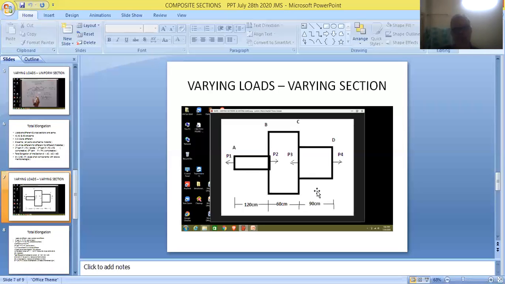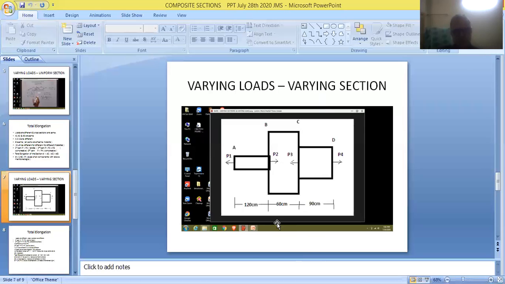Whatever may be the case, friends, these elements, components, parts are made up of different areas. It's called a varying section, and the loads acting on these sections are different. Therefore, it is also referred to as varying loads.